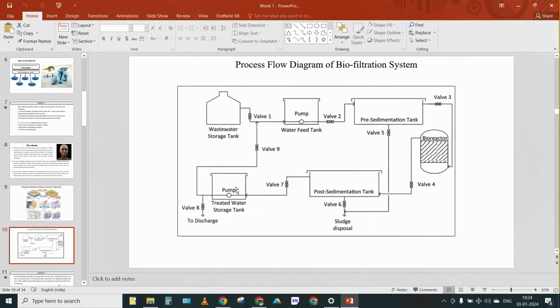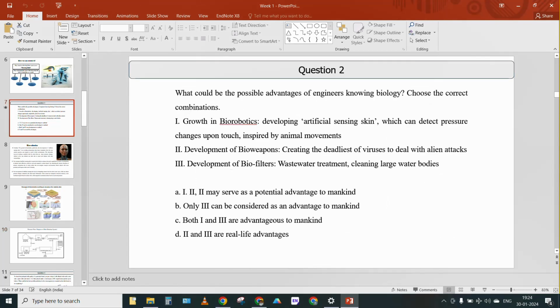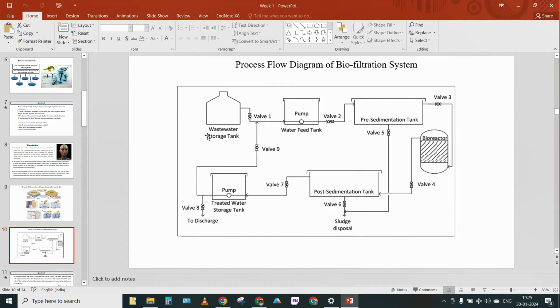Then moving forward, statement 3 was the development of biofilters, which is wastewater treatment plants cleaning large water bodies. This is the schematic diagram of the biofiltration system. So what is a biofiltration system? A biofiltration system is designed and fabricated such that it consists of six main unit operations, namely a wastewater storage tank, feed tank, pre-sedimentation tank, bioreactor, post-sedimentation tank, and the treated water storage tank.